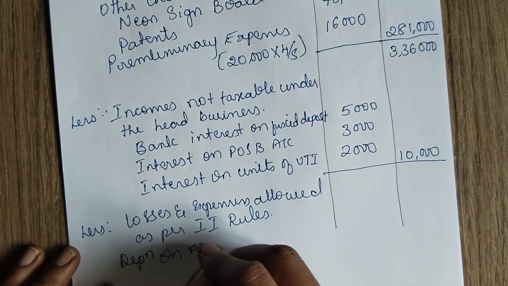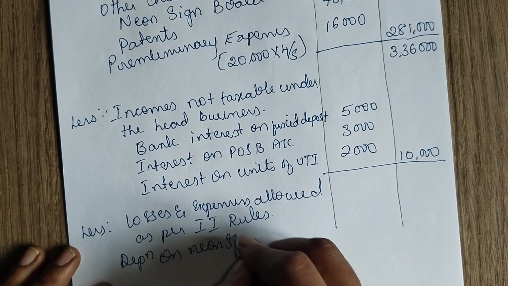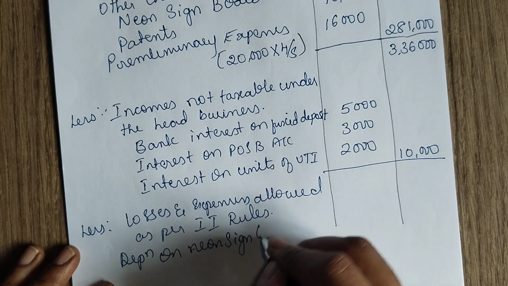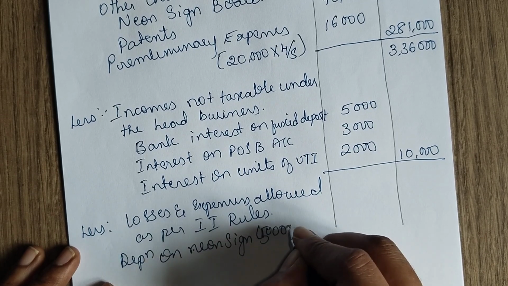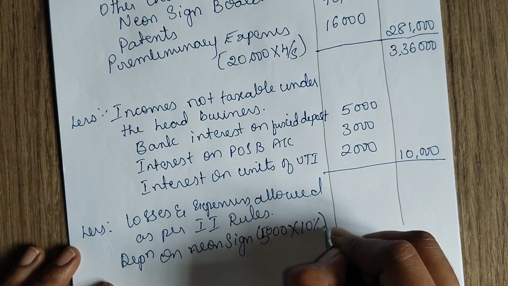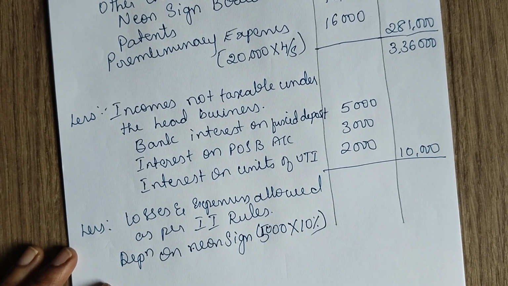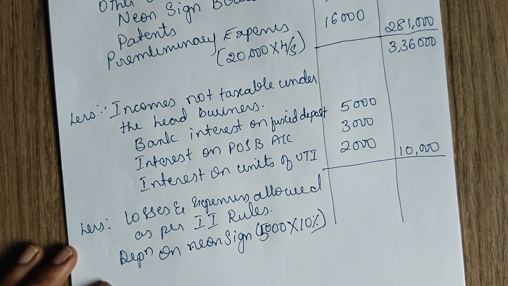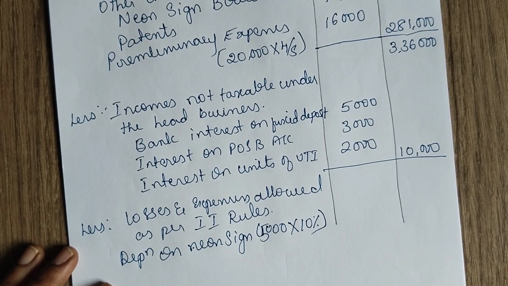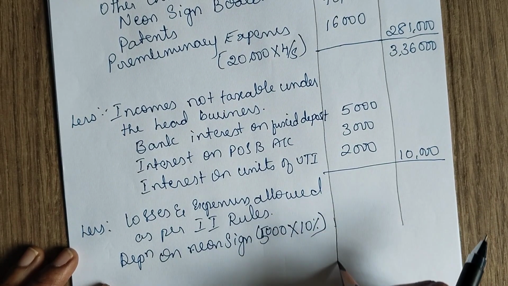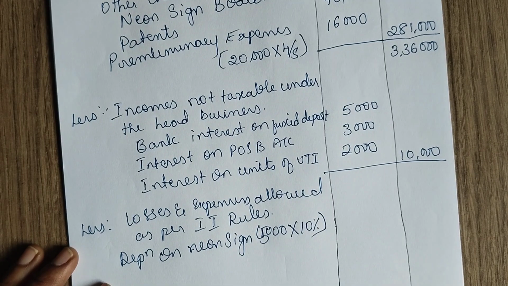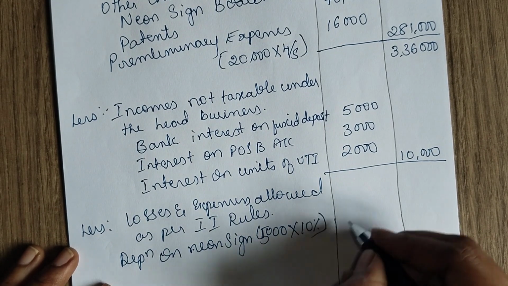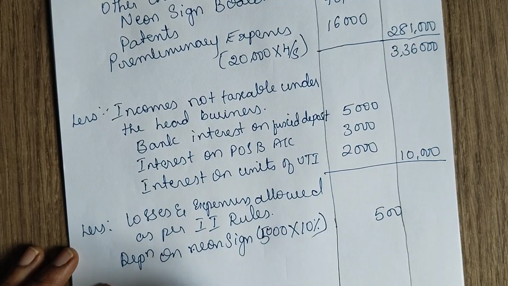Depreciation on neon signboard. I will do one more video on depreciation, because you need to understand the percentages and all. We have different blocks of assets, on that we are calculating the depreciation. That is also important in business and profession. In upcoming videos I will do that. 500.